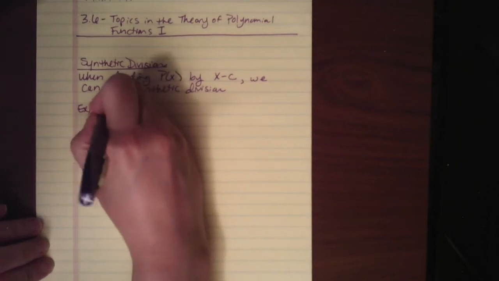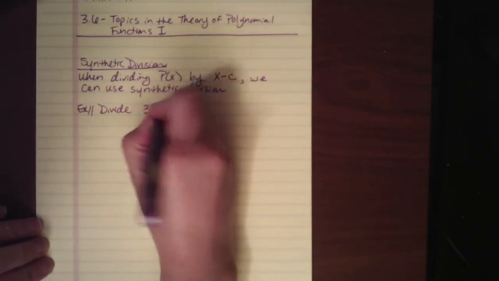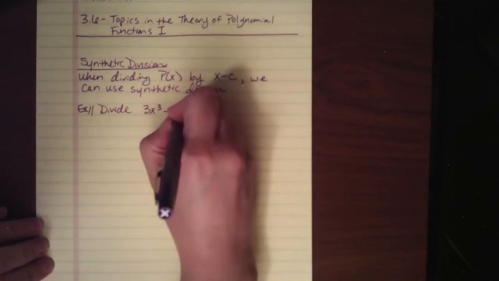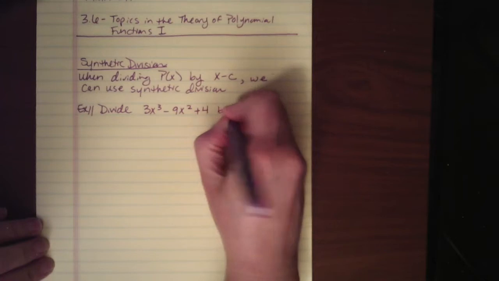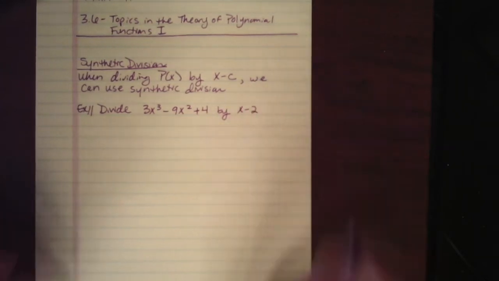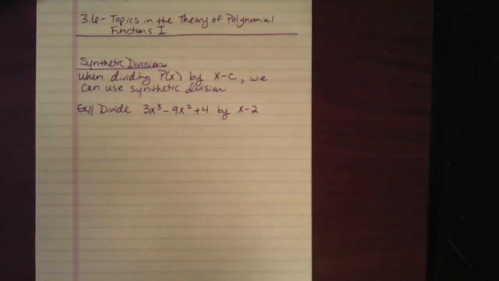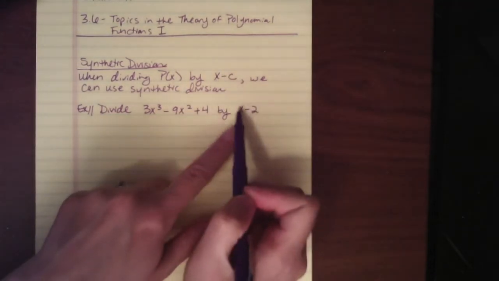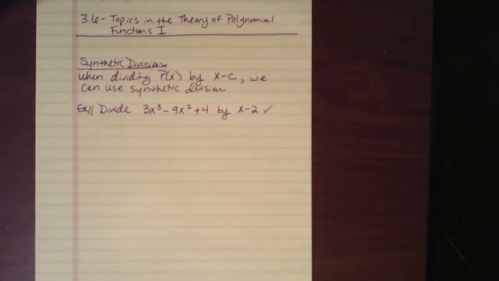Let's say we want to divide 3x cubed minus 9x squared plus 4, and we want to divide that by x minus 2. So the first thing I ask myself is, can I use synthetic division here? Well, the thing that I'm dividing by is a plain x and a constant term. So I can use synthetic division.